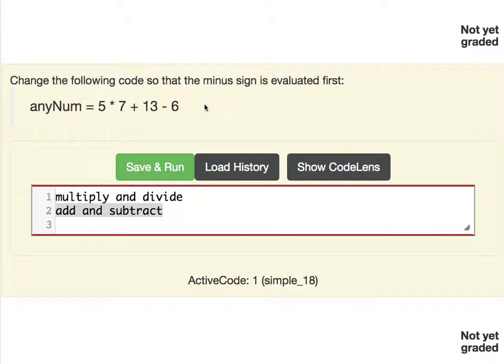So if we look at this code here, the multiply is going to happen first, okay, because it's higher in the order of precedence, and then the add and subtract is next.